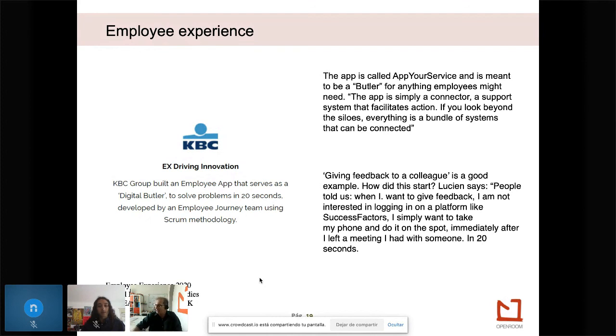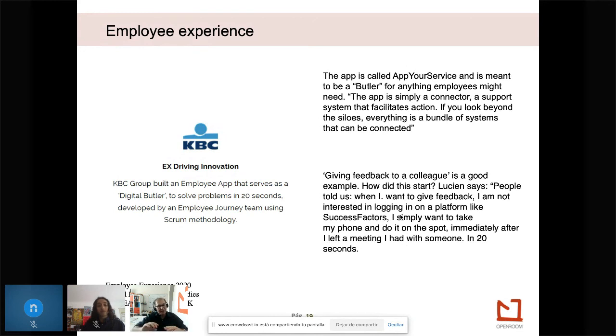Another example is giving feedback to a colleague. People told the KBC team, I am not interested in logging into a platform or SuccessFactors to give feedback. So I simply send a message to Up Your Service, and it deals with all the admin stuff of the different platforms.